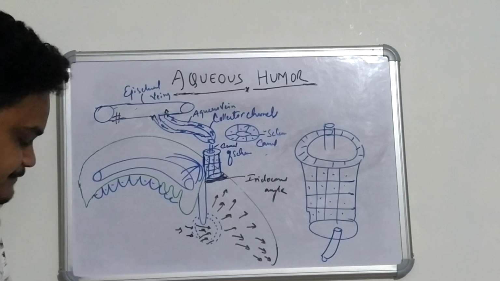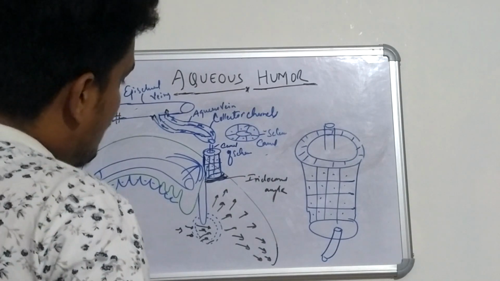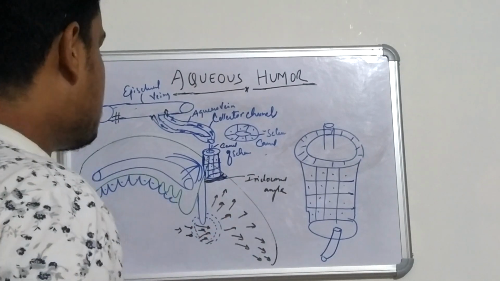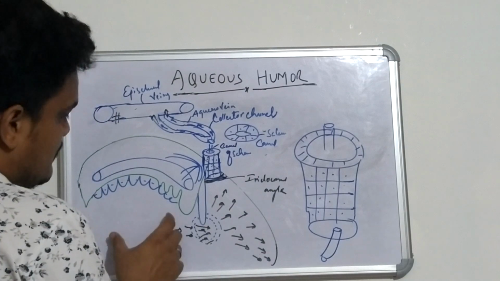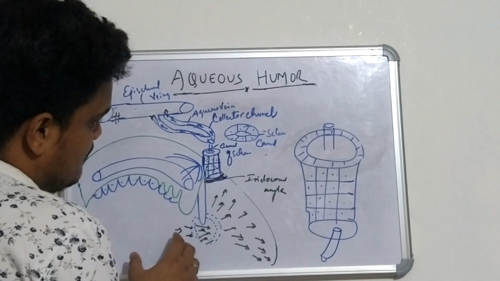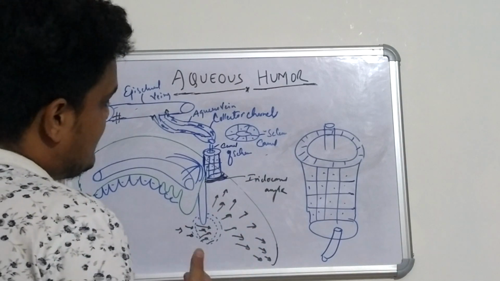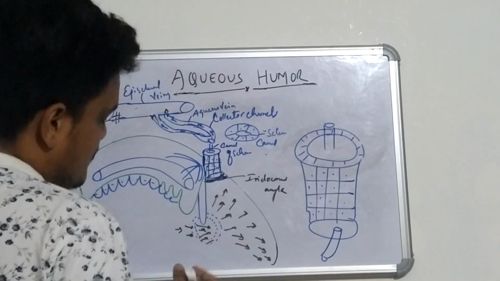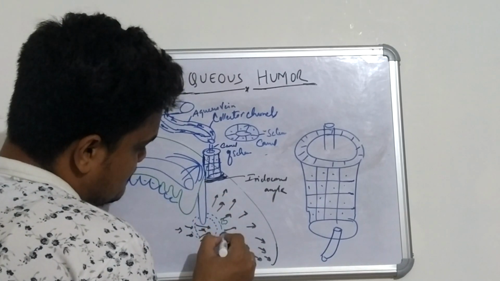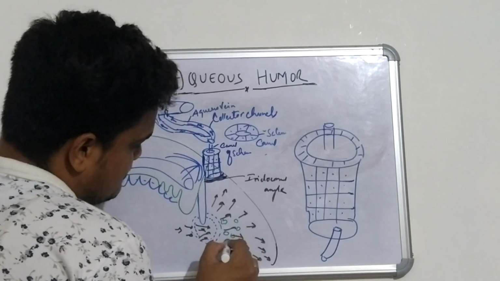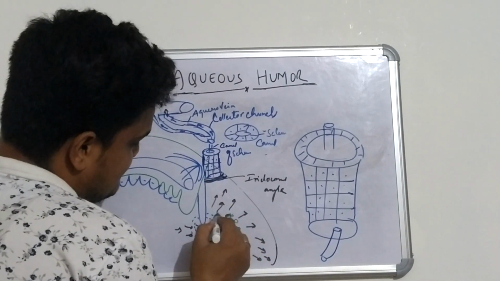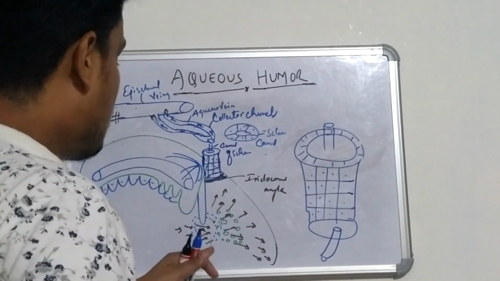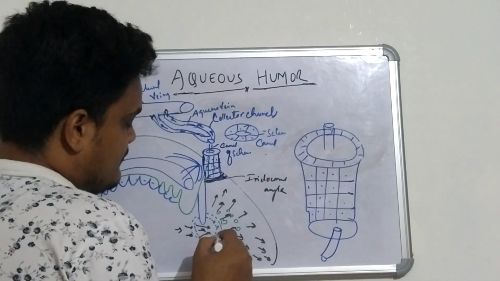Now there are chances of a disturbance in this pathway. What kind of disturbance could it be? Any infection or inflammation will lead to a number of WBCs, RBCs and cell debris being present in the anterior chamber and in the aqueous humor.